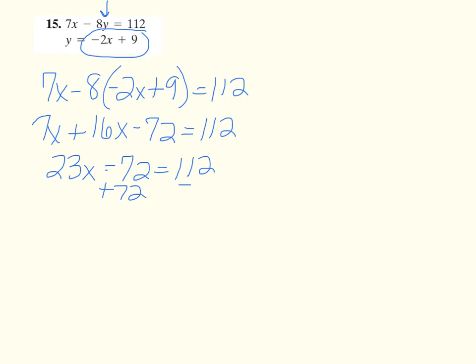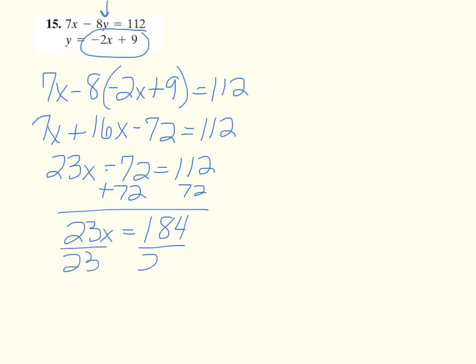Add 72 to both sides. 23x equals 184. Divide both sides by 23. x equals 184 over 23. Again, a nice looking fraction there.